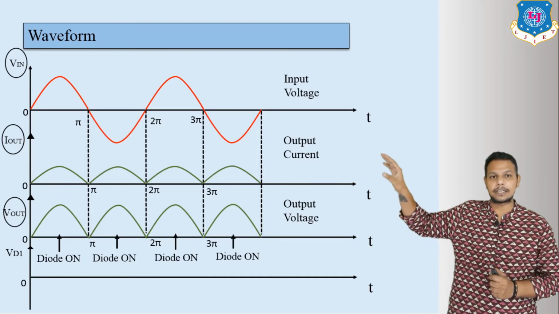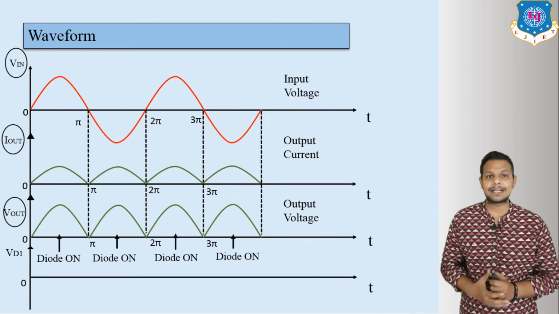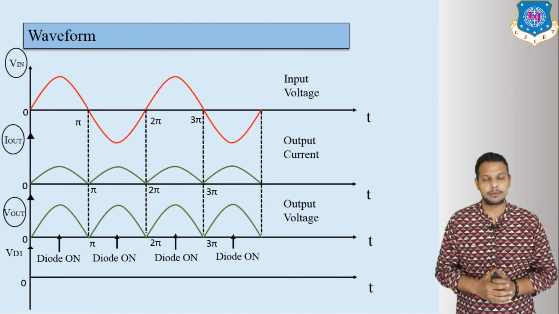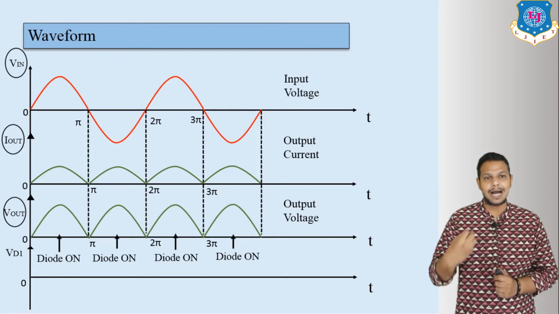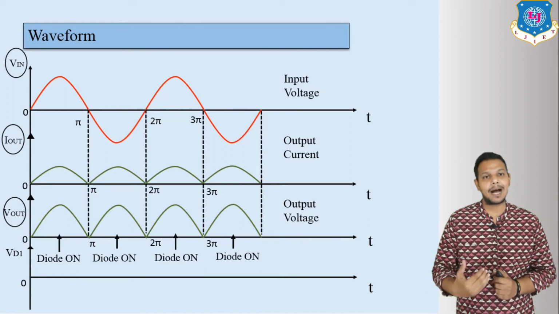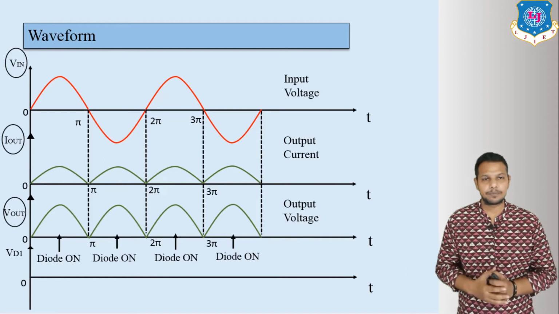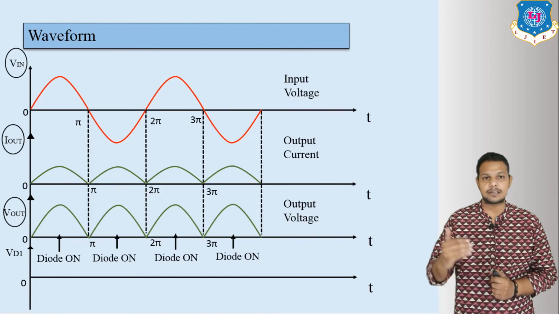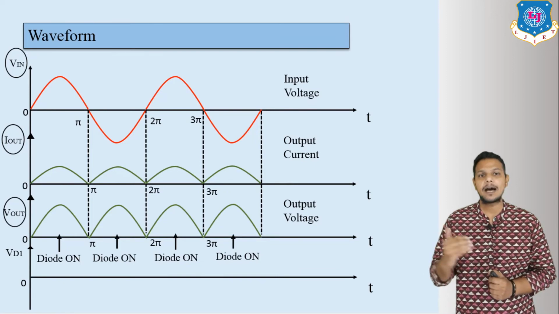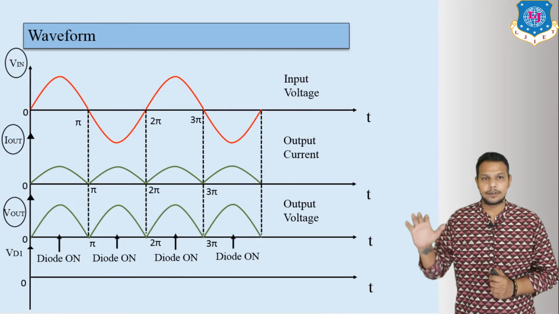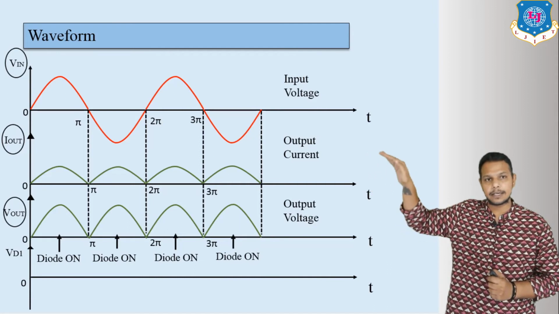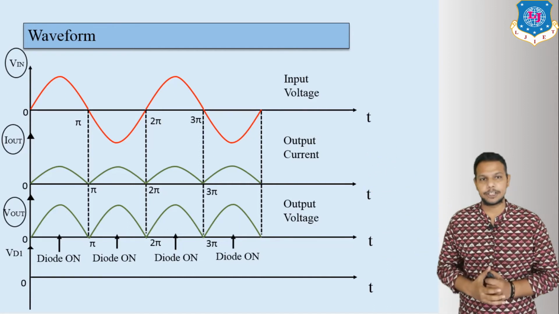Make sure its amplitude is a little bit lower than the voltage, because I is equal to V by R effect is generated. Im is equal to V by Rs plus Rf plus RL, but here the amplitude of current is lower than the voltage.